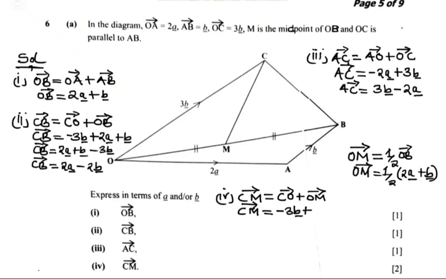Multiplying what we have on OM, 1 over 2 times 2A gives A. The 2's will simplify, leaving us with A vector. Then 1 over 2 times B just gives us plus 1 over 2 B vector.